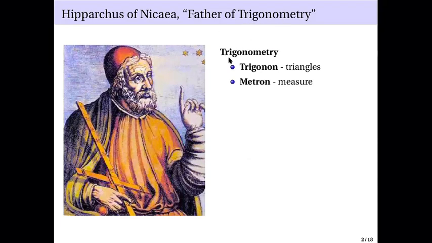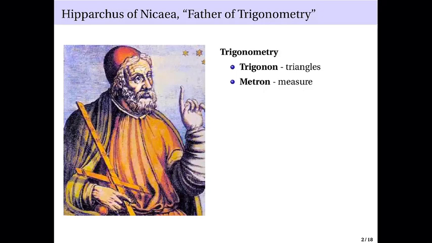And this word trigonometry came from the Greek words trigonon, which means triangles, and metron, which means measure. So basically trigonometry, according to these two words, is a study of triangles and its measure.